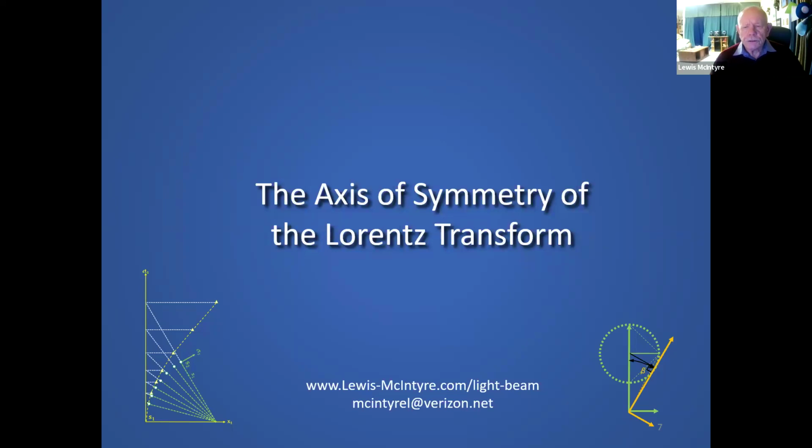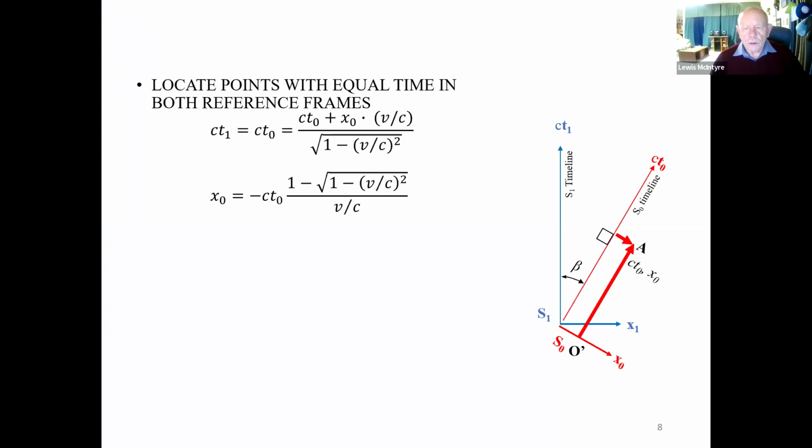So what's the solution? The answer lies in the axis of symmetry for the Lorentz transform, something that I have discovered. First, we want to identify points in S0 that transform to identical times in S1, like the 0, 0 at O does.